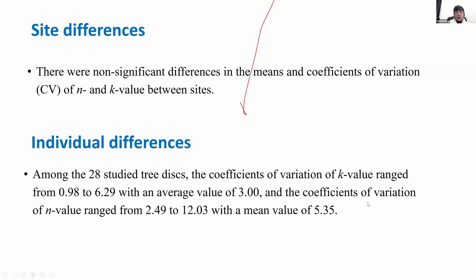And the coefficients of variation of the N value ranged from 2.49 to 12.03 with a mean value of 5.35. So within a tree, there are variations from year to year. We guess this is influenced by the environment.